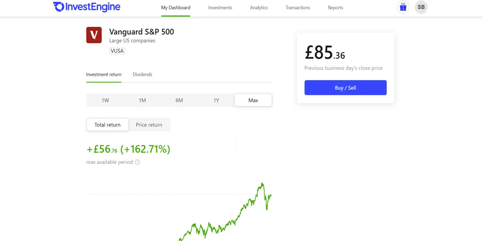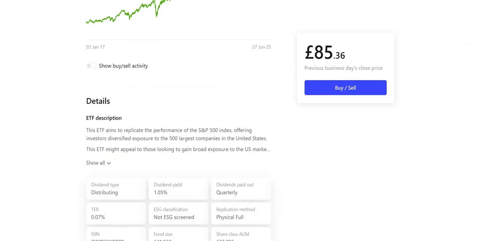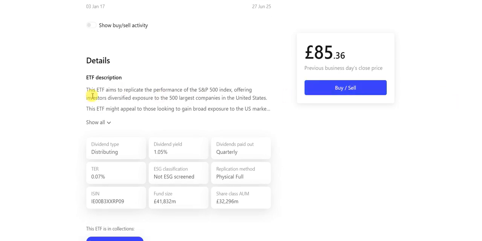And then if you scroll down, it gives you a description of the index. It's basically the 500 top US companies, and it's showing you here that they pay a dividend of 1.05% quarterly.